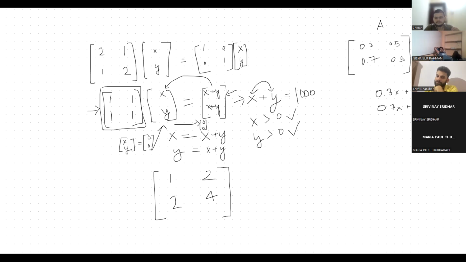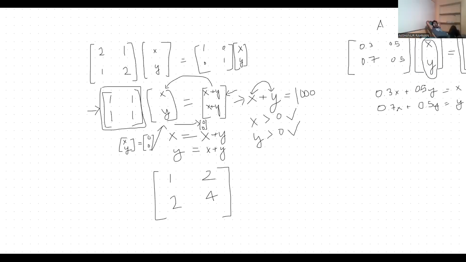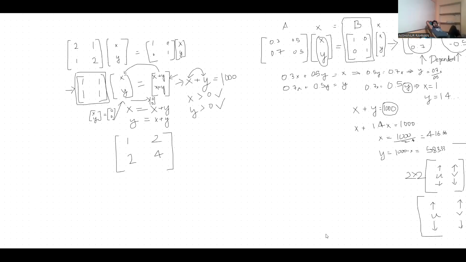I guess it will not give x and y exactly because it is going to converge. It will be equal in a limiting sense, so it will be nearly equal, not 100% equal.